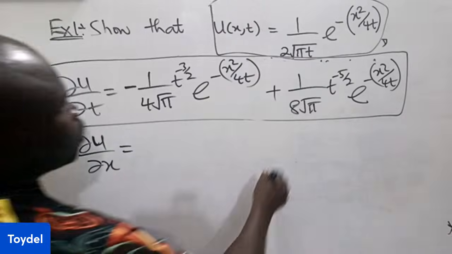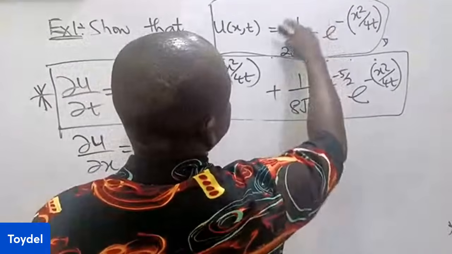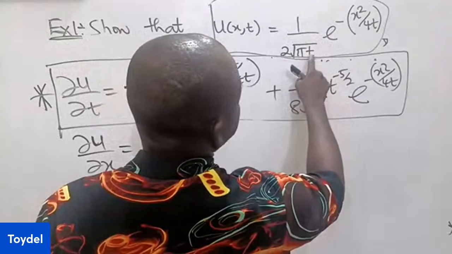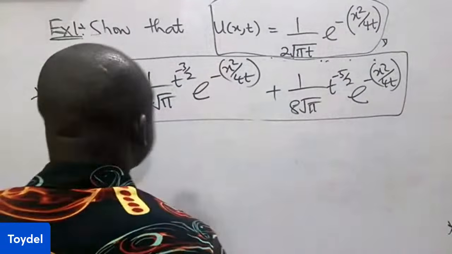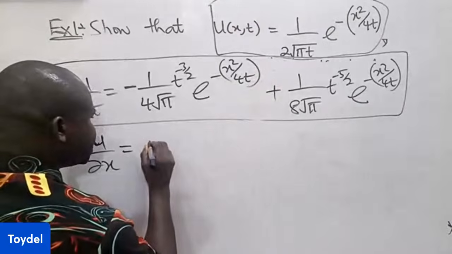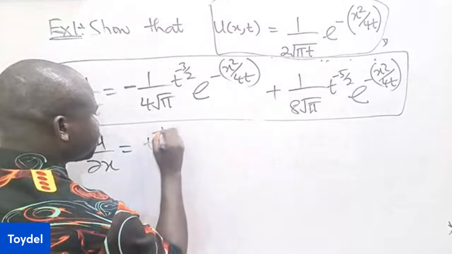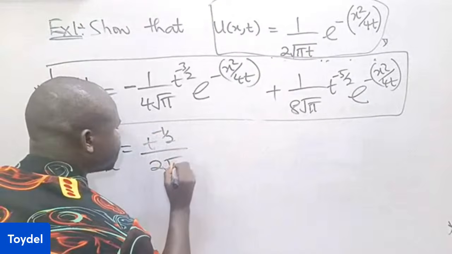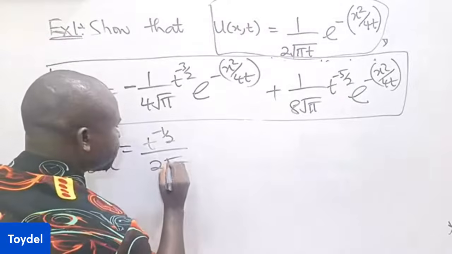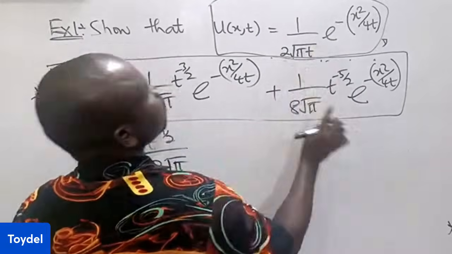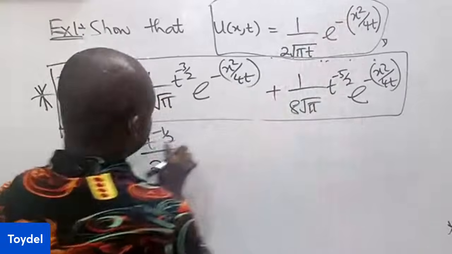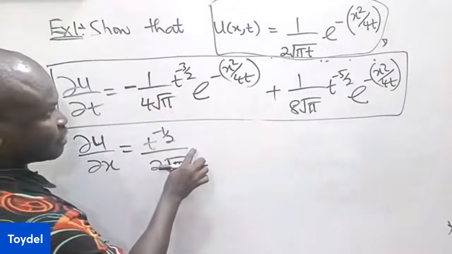This 1 over 2 pi t does not have anything in form of x. So I will only write that. I can write it as t raised to power minus half all over 2 square root of pi. The same thing, because square root of t is t raised to power half. If you take t raised to power half to the numerator, it's going to attract a negative sign. So this is what we have.